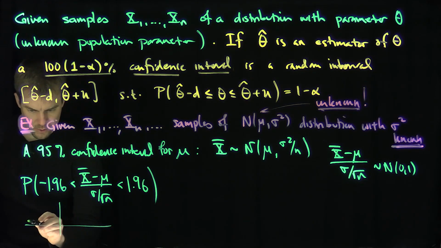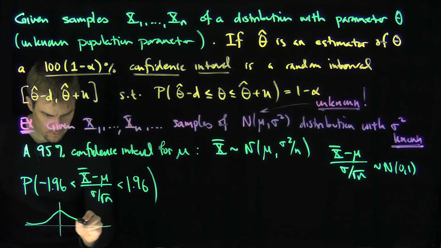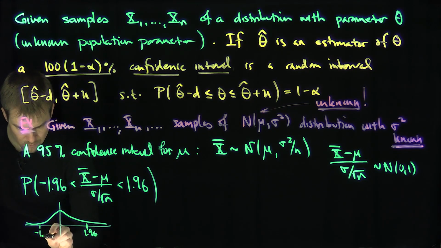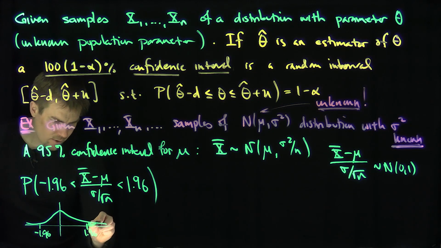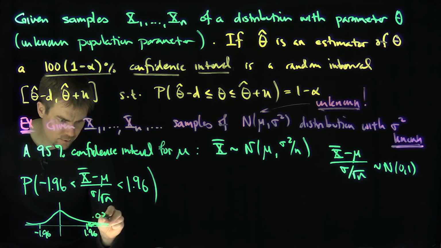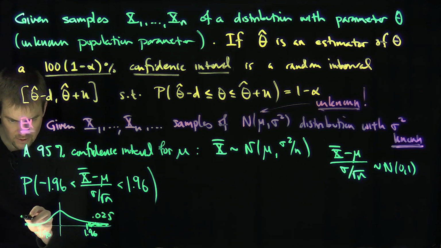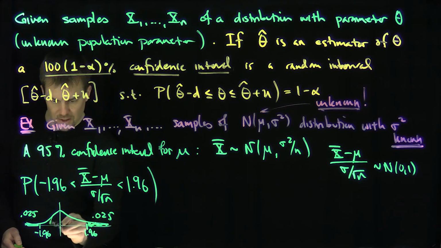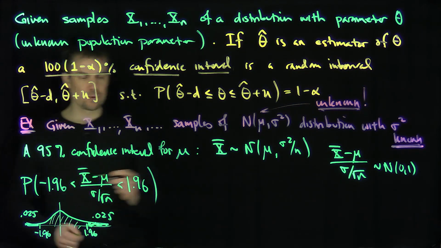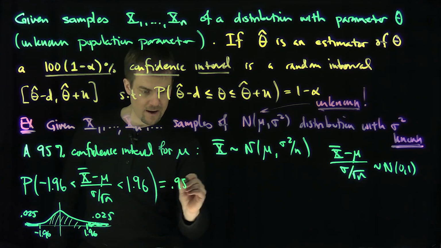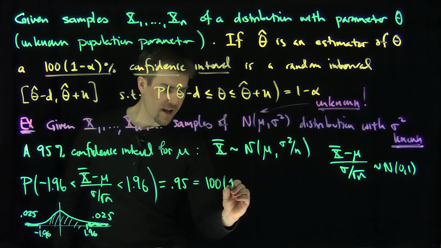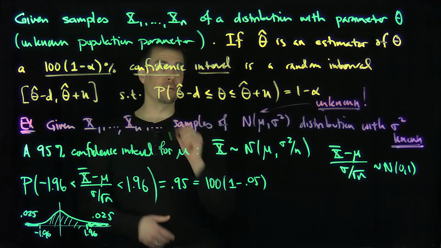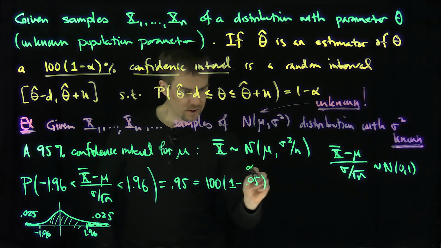If I look at a normal distribution graph and pick 1.96 and negative 1.96, that's symmetric, the area over here is 0.025, and the area over there is 0.025 by symmetry. So in total 95% of the mass lies between those 2 points. So this is 0.95, or in other words, 1 minus 0.05. That's my level alpha in the problem, alpha is 0.05.